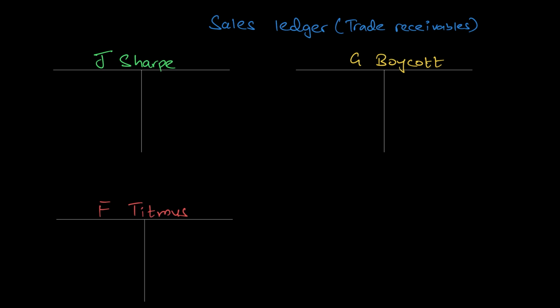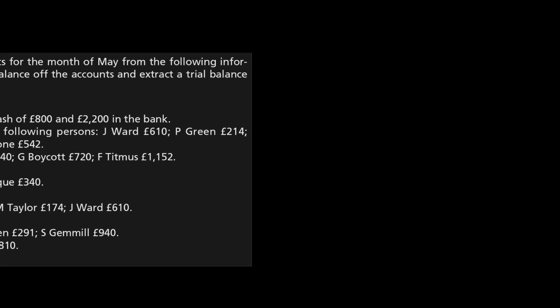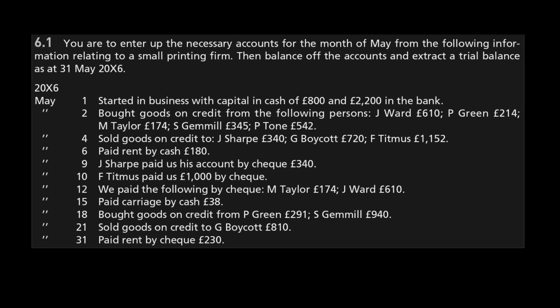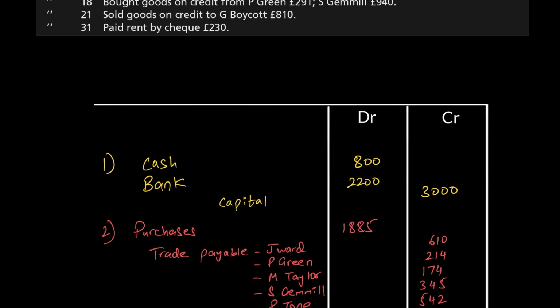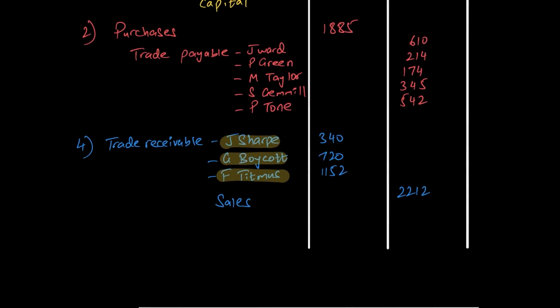Okay, so let me just take this away and I'll bring my register and exercise again. Okay, the name J Sharp. I'll put a simple tick mark in front of the name J Sharp so that I can remember it.